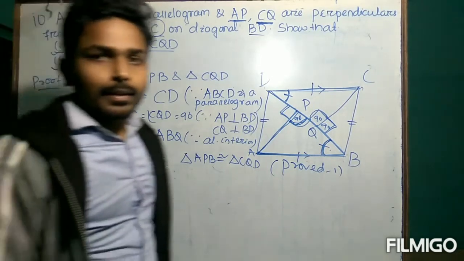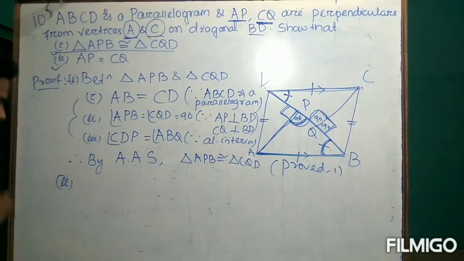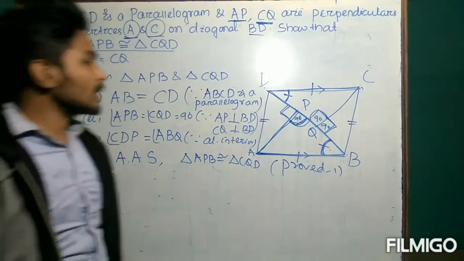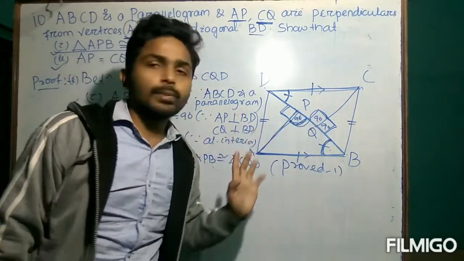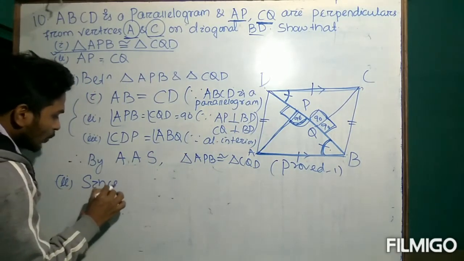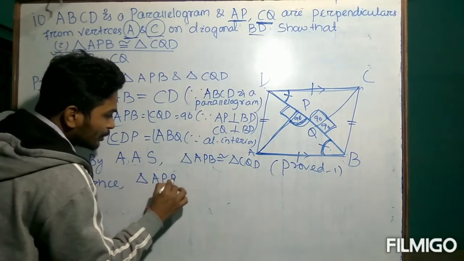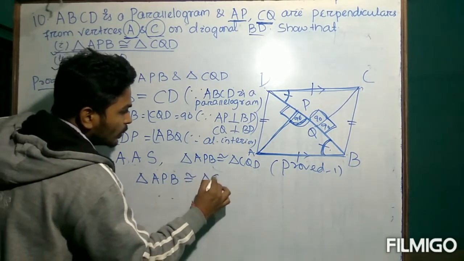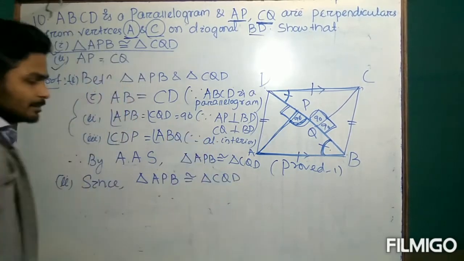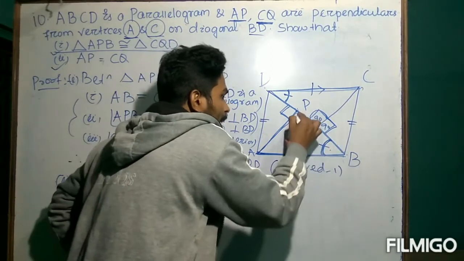Clear? Okay, so next, moving to the proof of the second statement, that AP is equal to CQ. How can we prove it? In statement 1, we proved that the triangle APB is congruent to the triangle CQD. For the triangle APB, AP is a side.